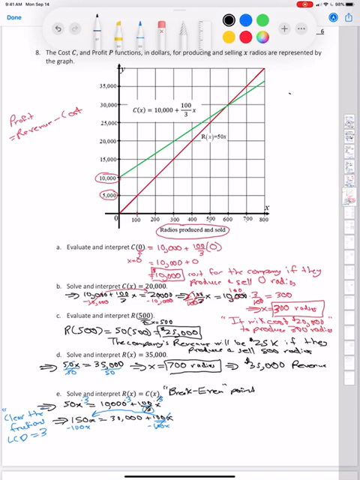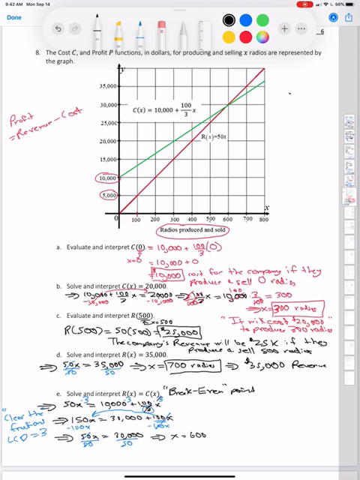We're solving for x, so we want to get x by itself. As we do that, 150x minus 100x, we have 50x equal to 30,000. Then we're ready to divide out 50 on both sides, and we'll have what we're looking for. What's 30,000 divided by 50? Well, that gives me 600.